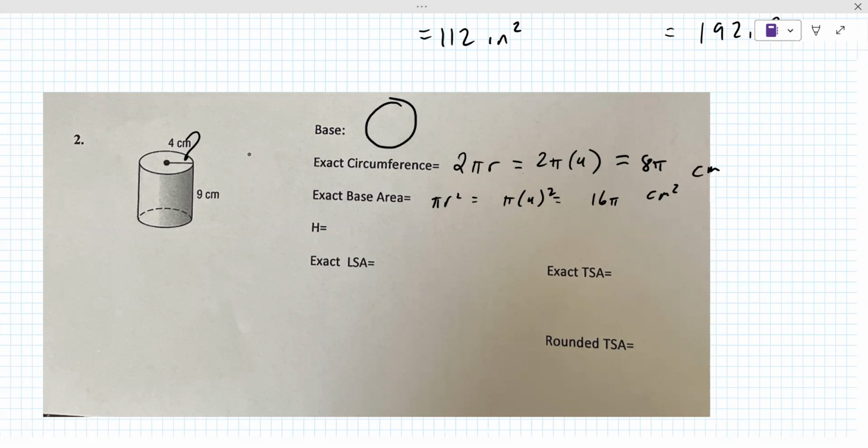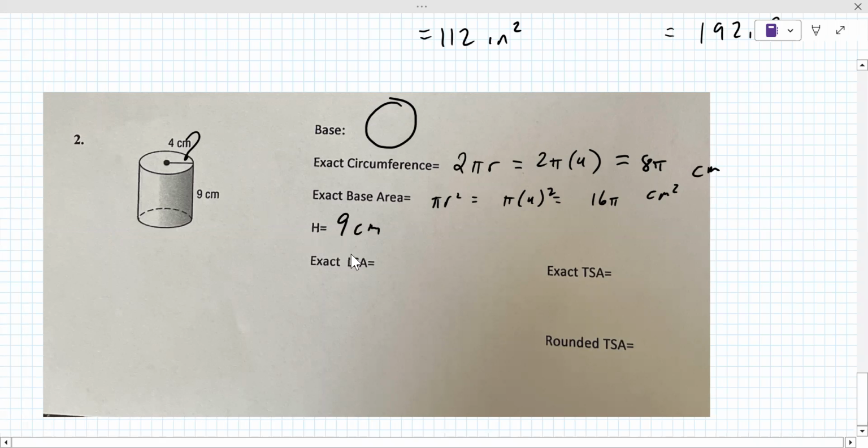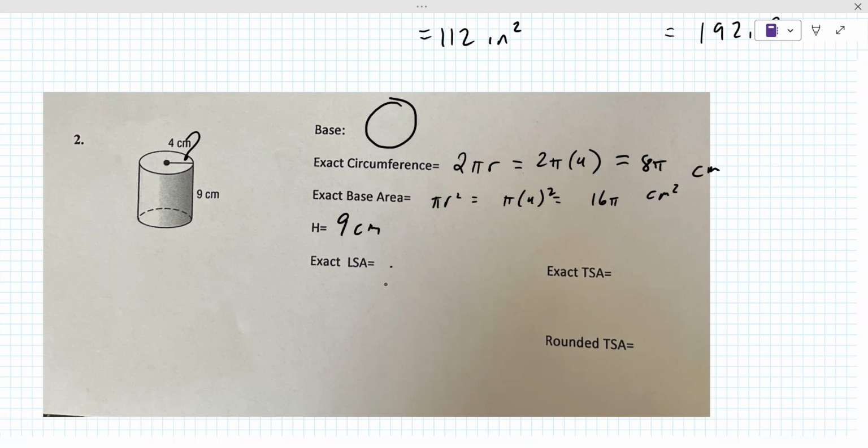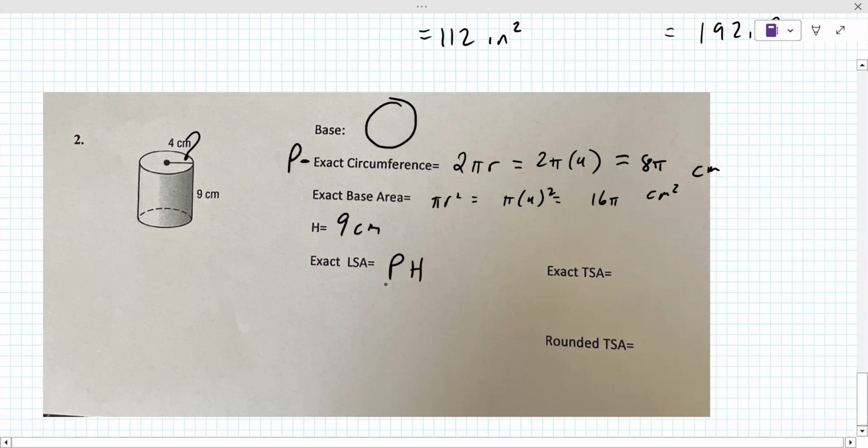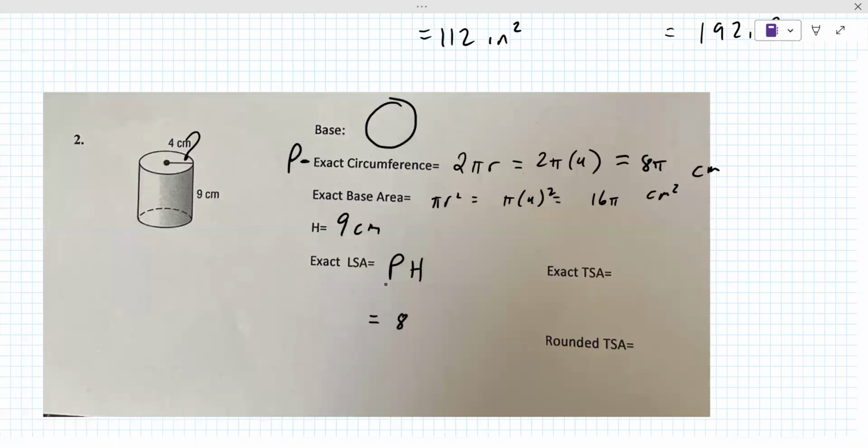And then the height here is 9 centimeters. So the lateral surface area, it's got a formula here. I believe it's perimeter times height, and perimeter in this case refers to the circumference. So 8 pi times 9 is 72 pi centimeters squared.